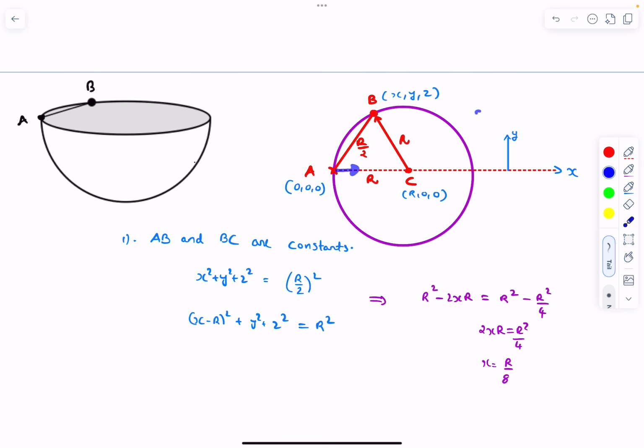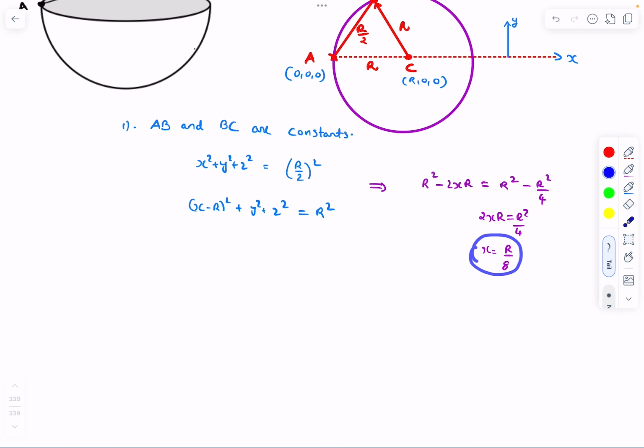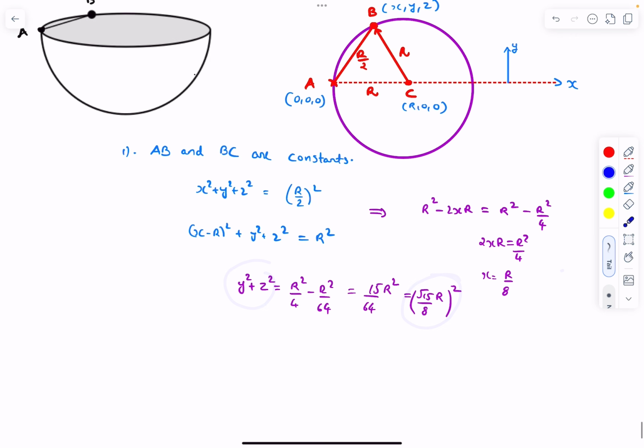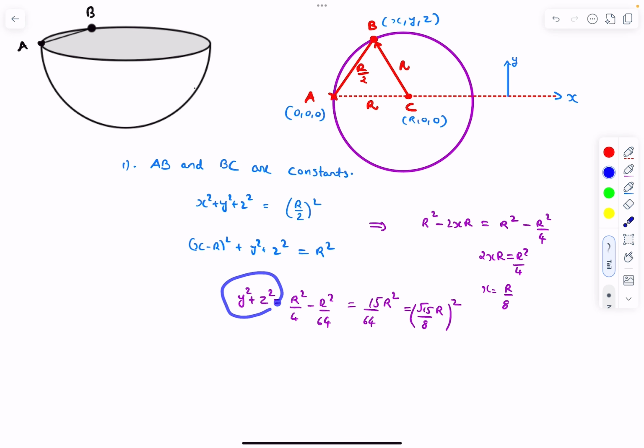If you slice the hemisphere along this x equals r by 8 point, the particle B will always lie in this plane. For the exact trajectory, we can take this value of x and put it into this equation over here, and we get y squared plus z squared equals some constant squared. This is the equation of a circle, and the plane of the circle is the YZ plane.